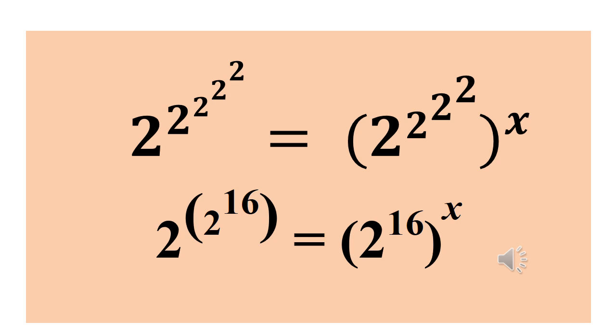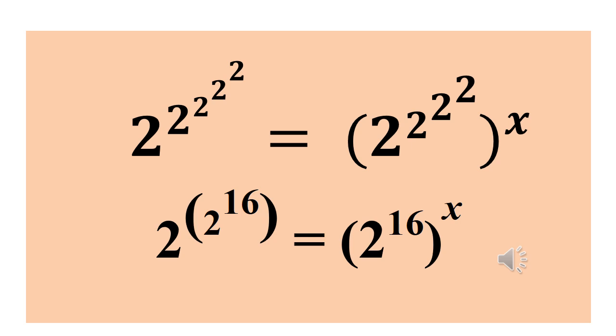So we now have 2 raised to power open bracket 2 raised to power 16 close bracket, which equals, since we have a bracket on the right side of the equal sign, if we take the exponent there, 2 raised to power 2 raised to power 2, that is 2 in 3 places.